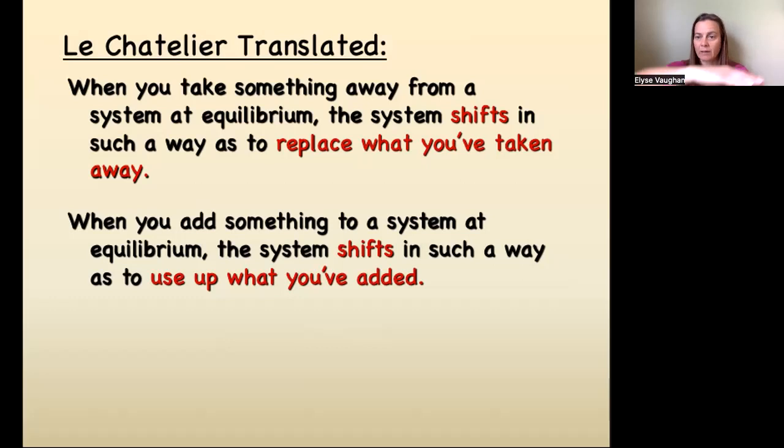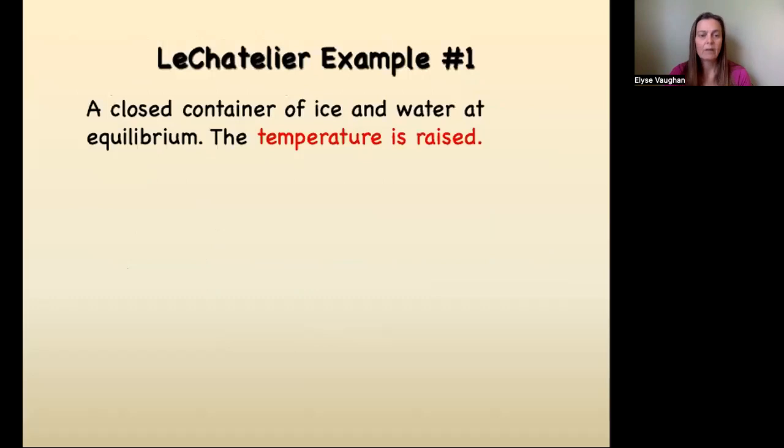So when we think about our little teeter-totter, right, if we put more weight on this end, then it's going to have to shift so that it can come back to that equilibrium. So let's look at a couple of examples. So if we have a closed container, notice that it's closed. It can't be at equilibrium if it's not closed, and it's at equilibrium, and we raise the temperature. So this is a pretty common sense example here, right?